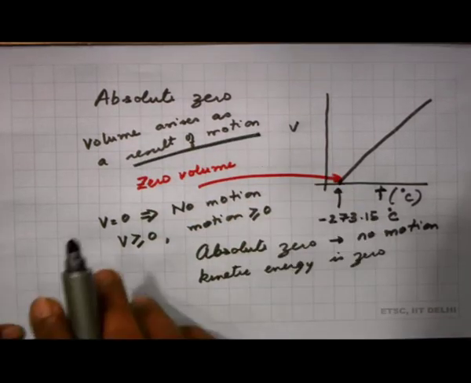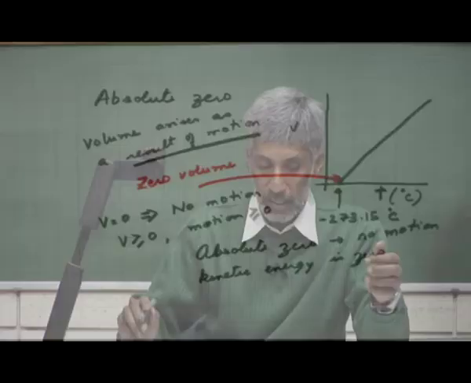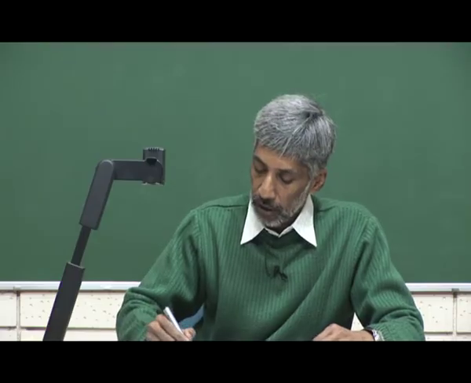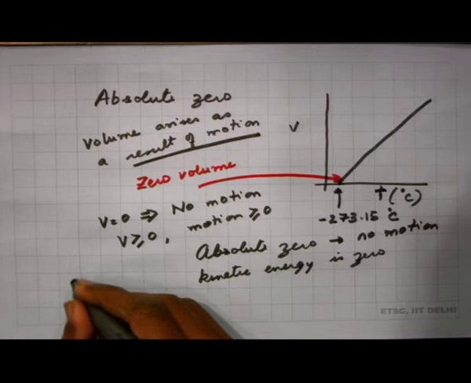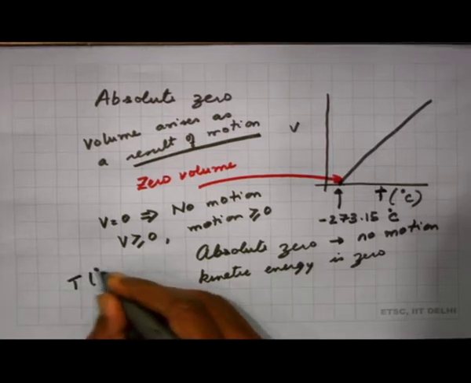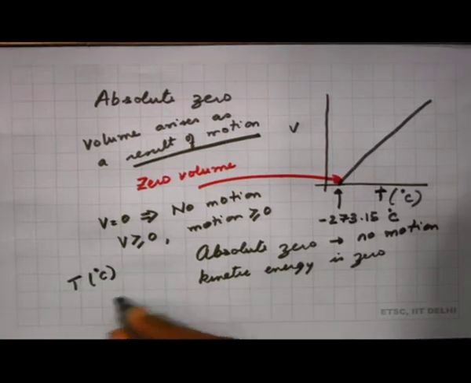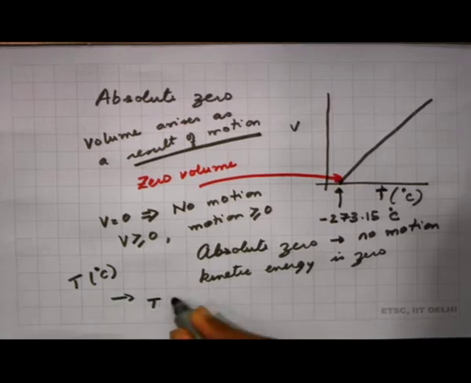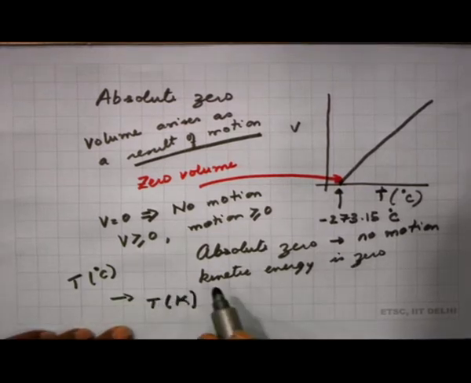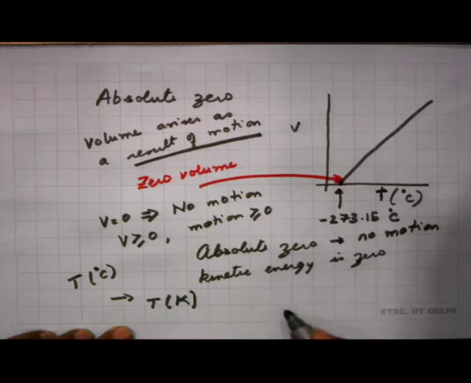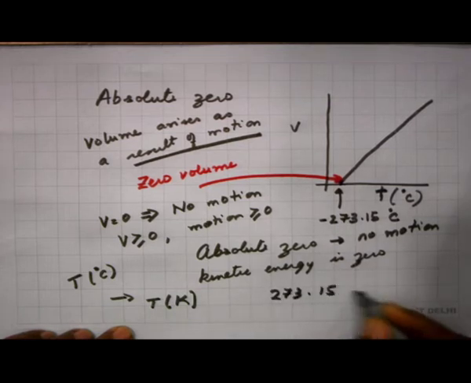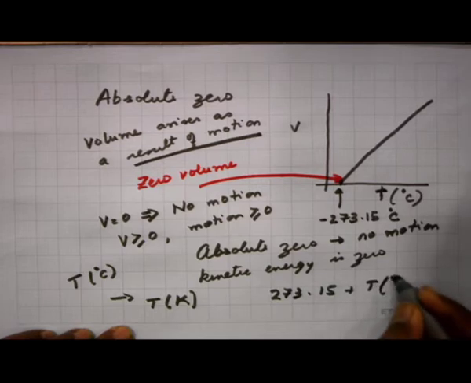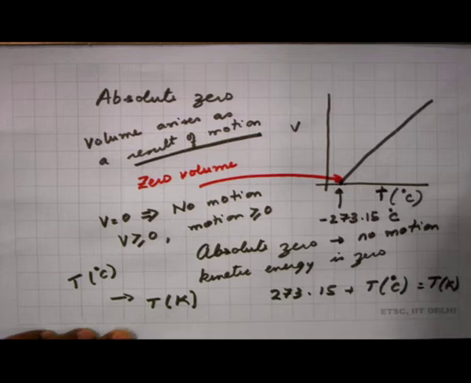So, effectively, for practical matters, if you are given temperature in degrees Celsius and have to go to temperature in Kelvin, we add 273.15 to the temperature in degrees Celsius, which gives you temperature in Kelvin.